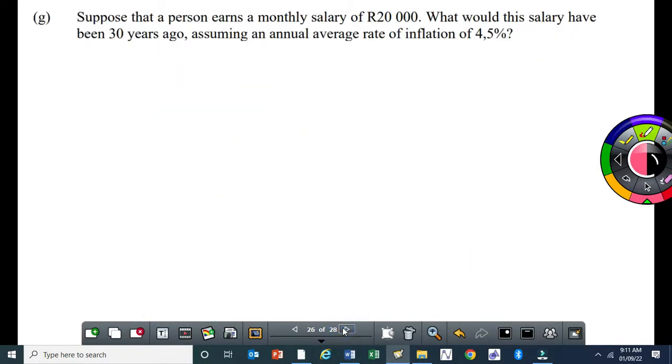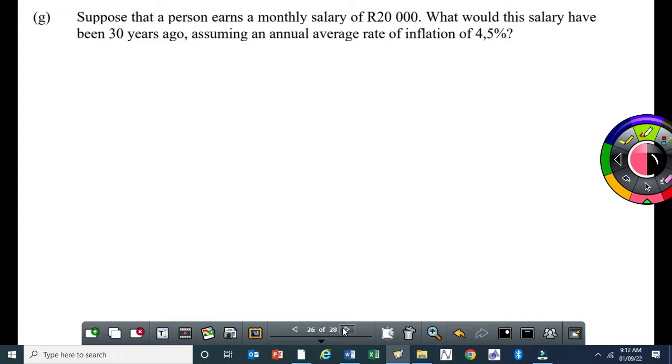The next question was on inflation rate. The question says, suppose that a person earns a monthly salary of 20,000. What would this salary have been 30 years ago, assuming an annual average rate of inflation of 4.5%? So 30 years ago, we need to determine how much the person was earning.